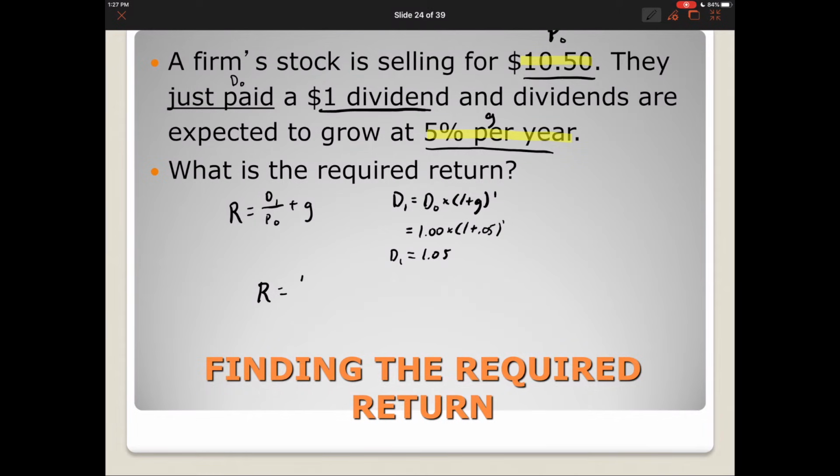And so it's next year's dividend, 1.05, divided by the current price, which is $10.50, plus our capital gains yield of 5%. And our required return here is 10% plus 5%, or 15%. So that is solving for the required return.